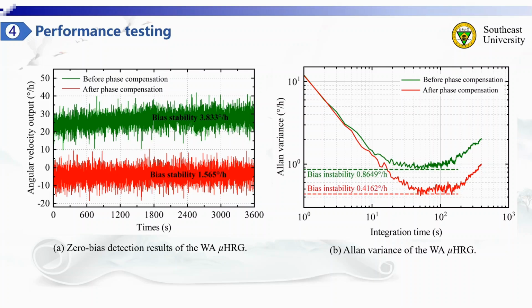Figure B shows the Allan variance curves plotted according to the data in Figure A. After compensation, the zero bias instability reduced from 0.8649 degrees per hour to 0.4162 degrees per hour. It can be seen that the phase error compensation can effectively improve the performance of the whole angle macro-hemispherical resonator gyroscope.